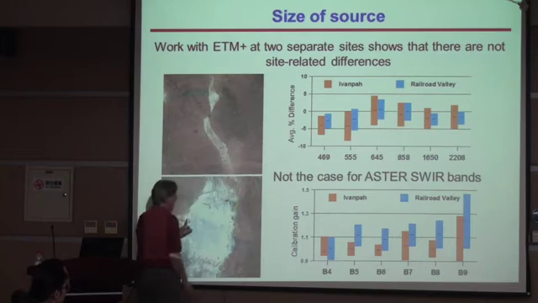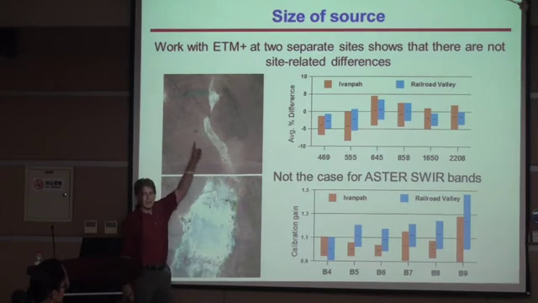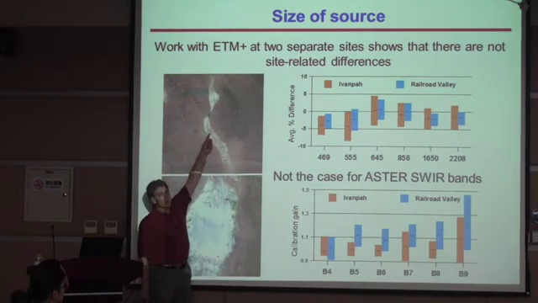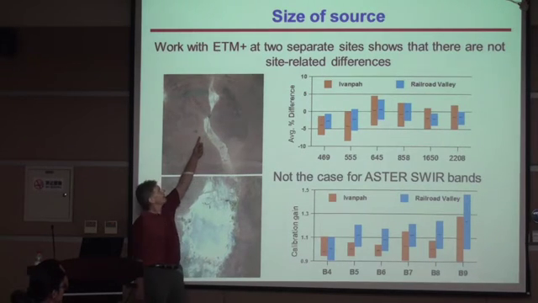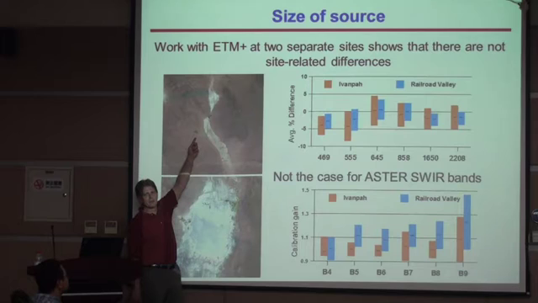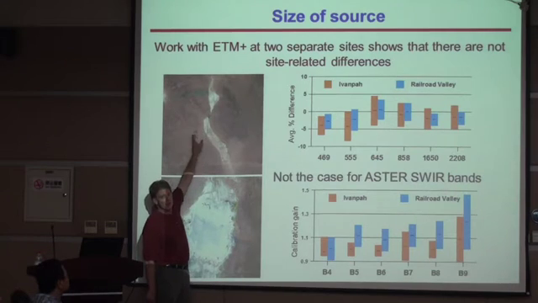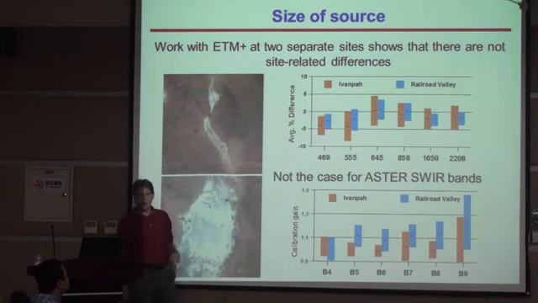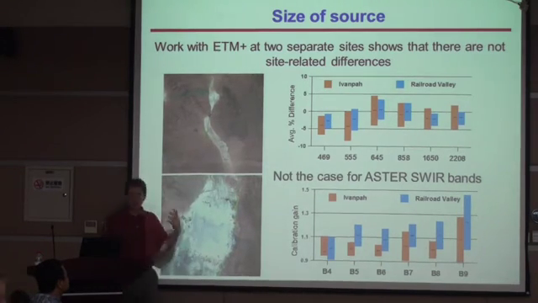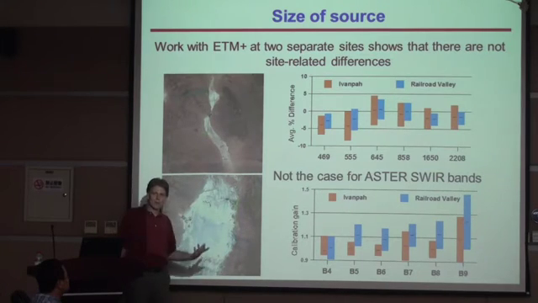And the reason is that Ivanpah is small enough that when I'm in the middle of the playa, most of the band 4 light is coming from off of the playa. So it's coming from about, let's say, 1 kilometer away. This is darker than the Ivanpah playa, so I do not get as much band 4 light into band 9.